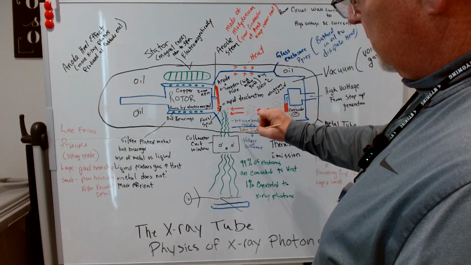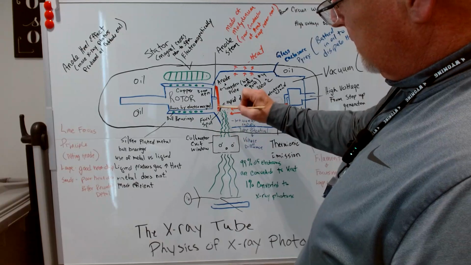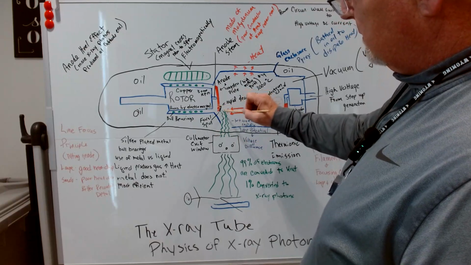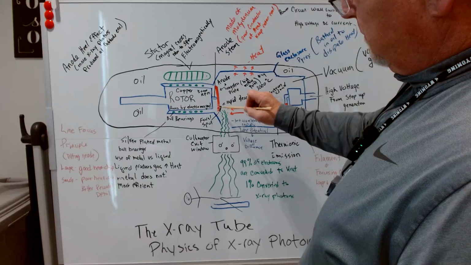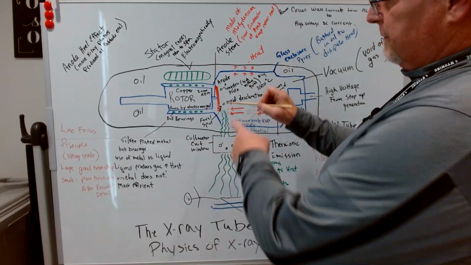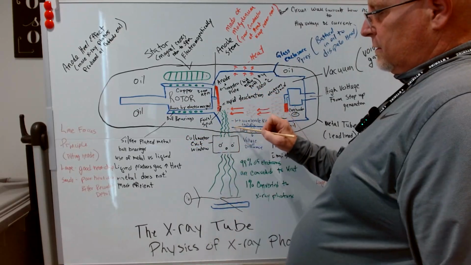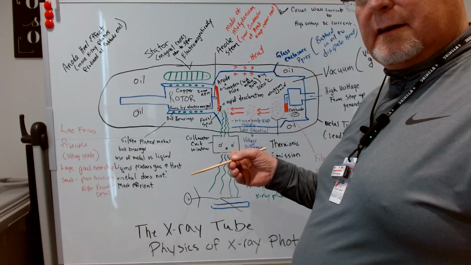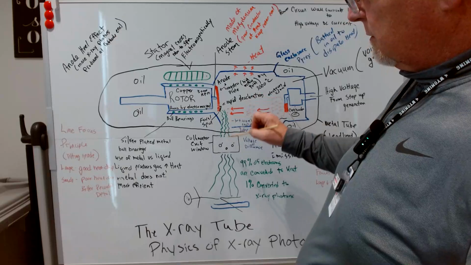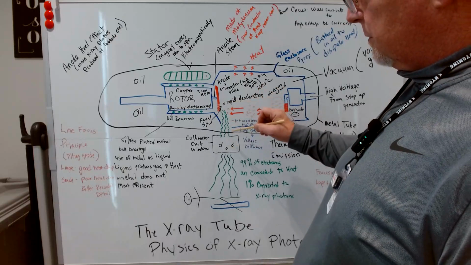So down here we see that the electrons hit this anode focal spot right here, and the X-ray photons are funneled down through a window down here in the X-ray glass. It actually allows X-ray photons to go through there.